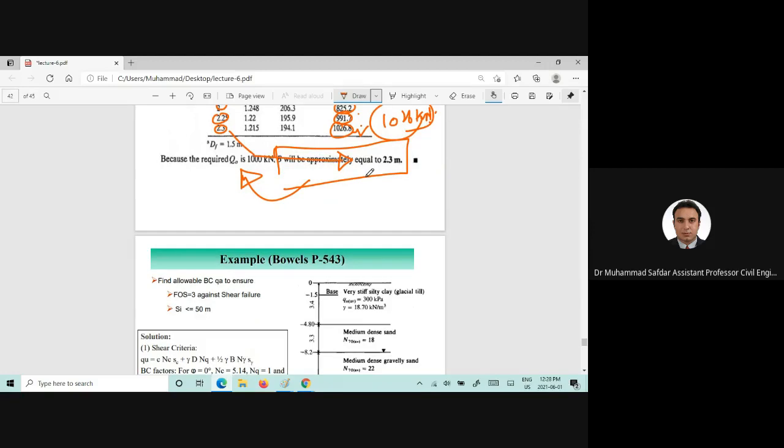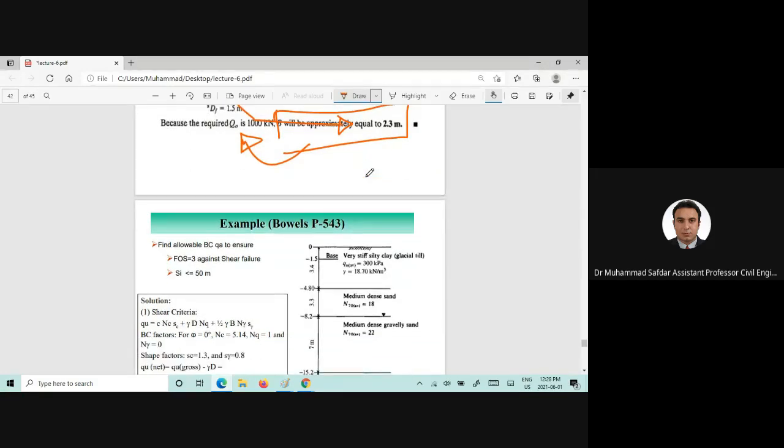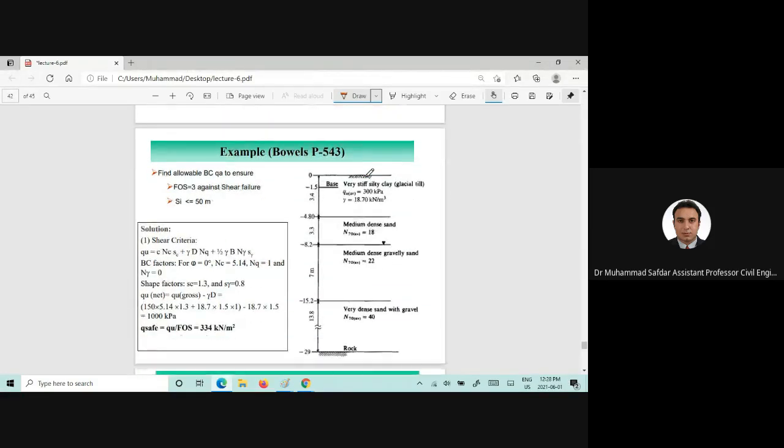There is also an example problem given here where the raft foundation is placed at this level. The undrained shear strength is given, which is 300 kilopascal. Q ultimate is given, which is the average 300 kilopascal, and unit weight is given.